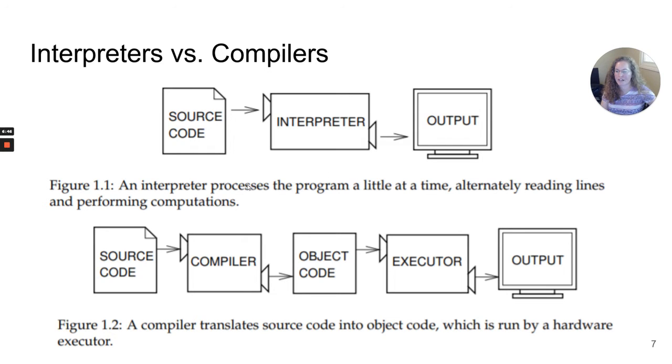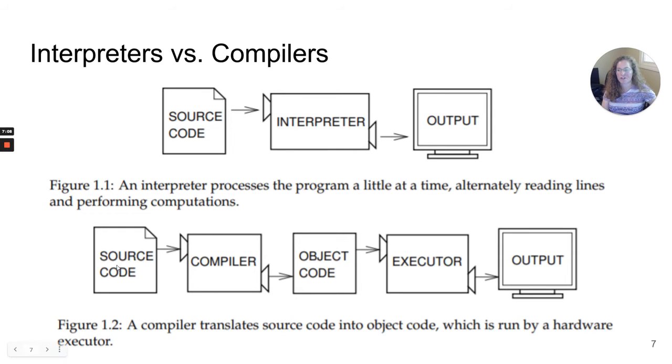On the other hand, a compiler takes that same source code and runs it through a compiler. This is a translator that translates from the high-level language that you wrote into something called object code. Object code is basically binary code that can run on the computer.